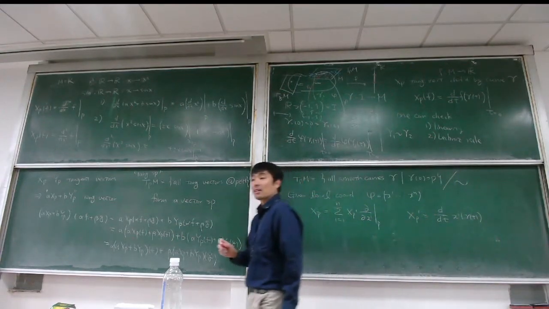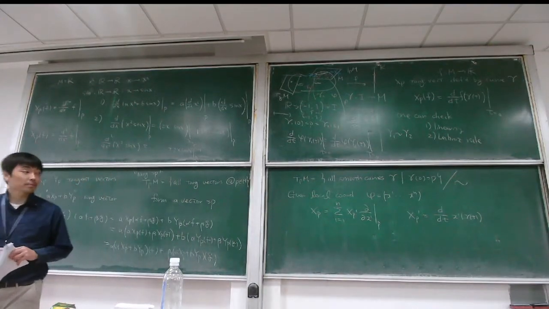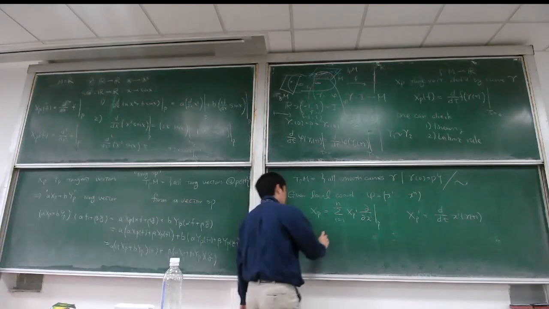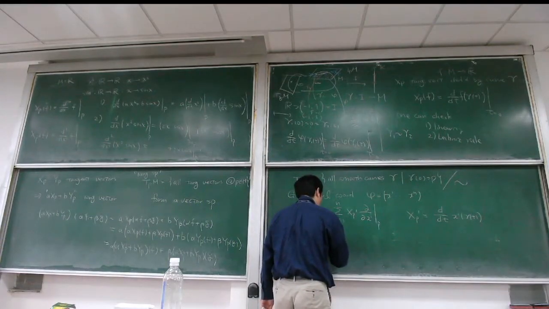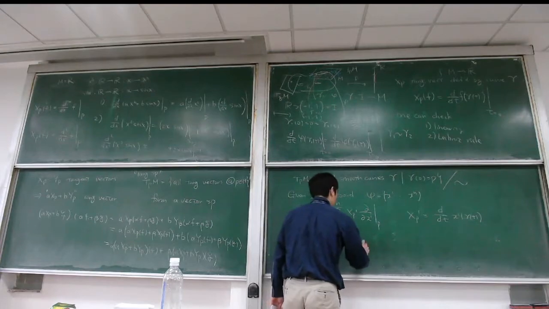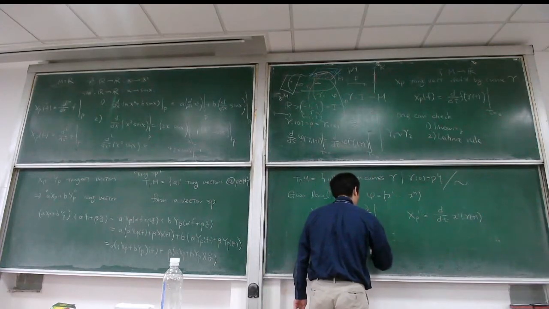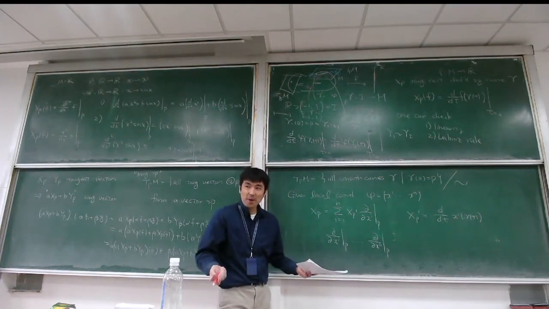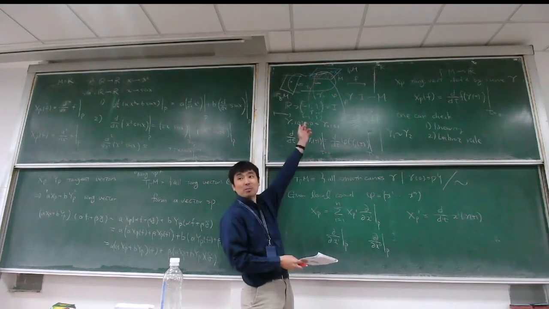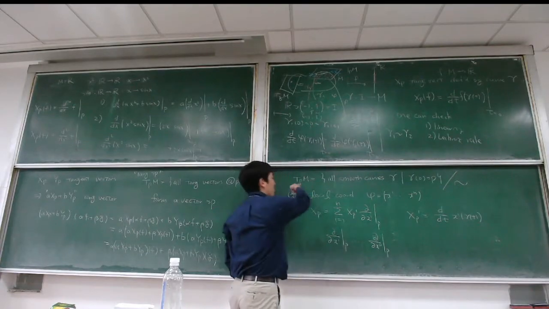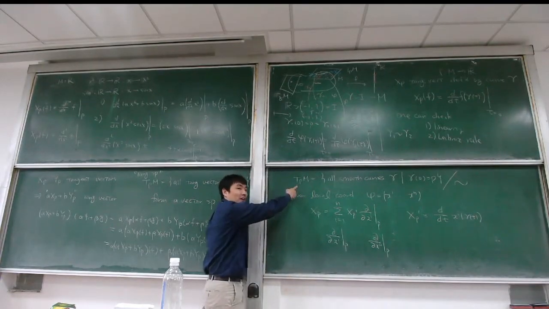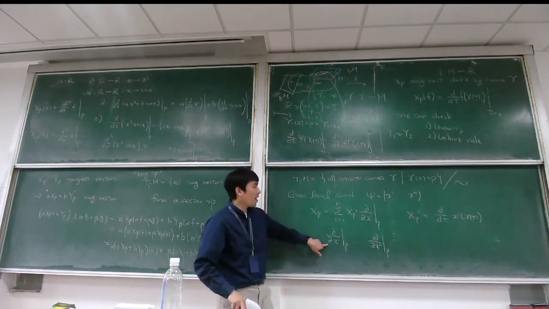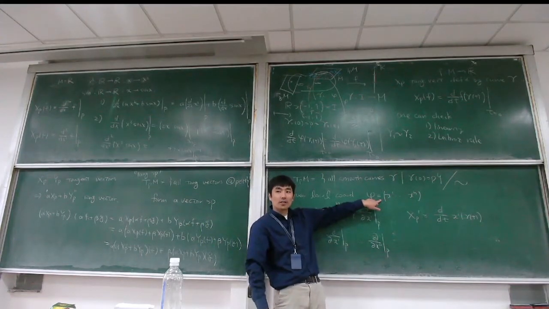Do you understand? So partial x^1 at p up to partial x^n at p is a basis of this vector space. So TpM is a vector space, so one can define a basis, and this basis is defined by the choice of local coordinate. Okay.